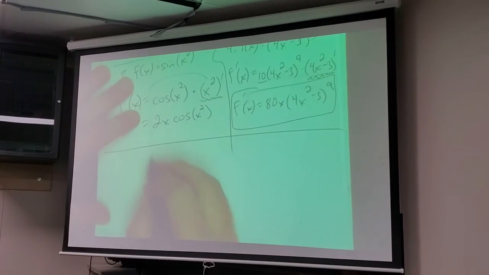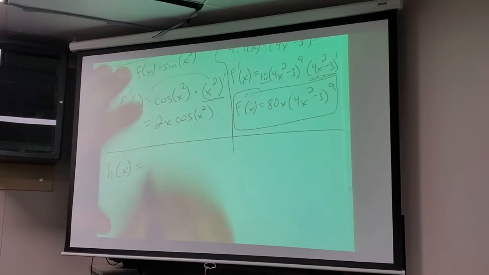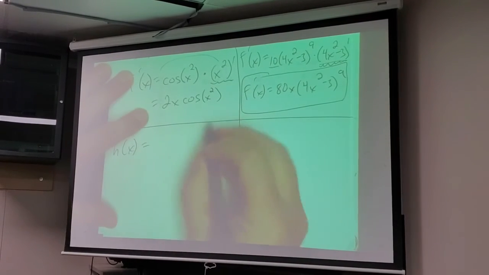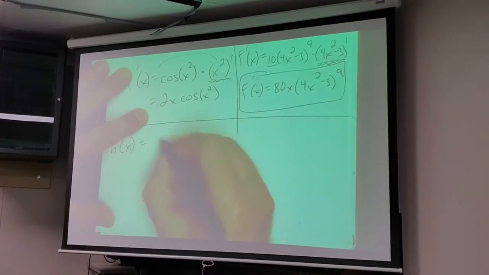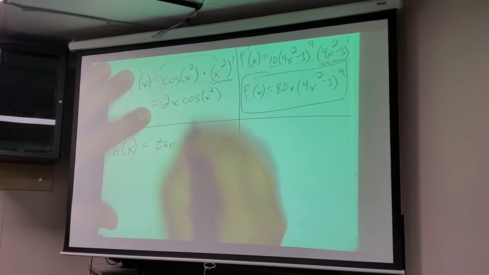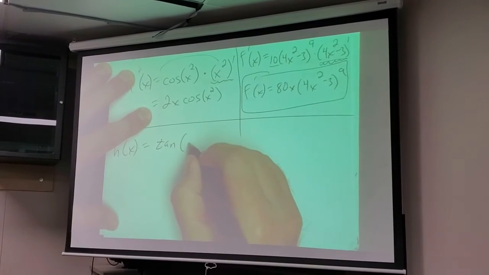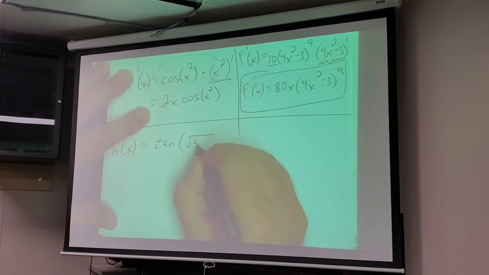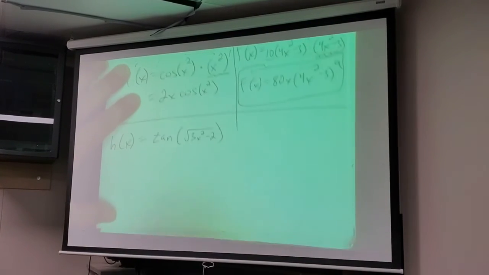Okay. So what if I had, let's see, something not too crazy. Tangent of the square root of 3x squared minus 2.